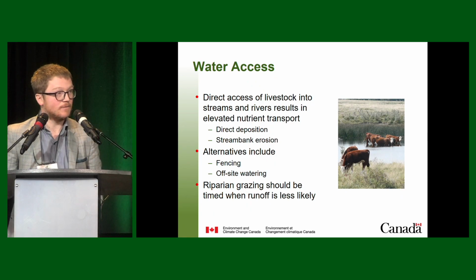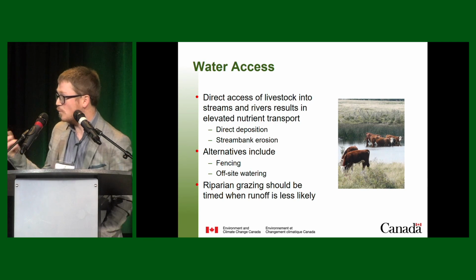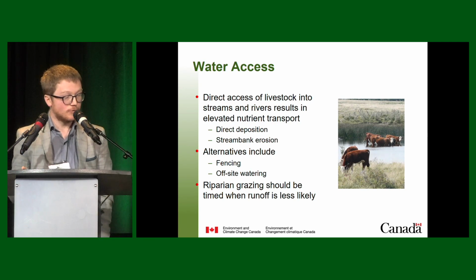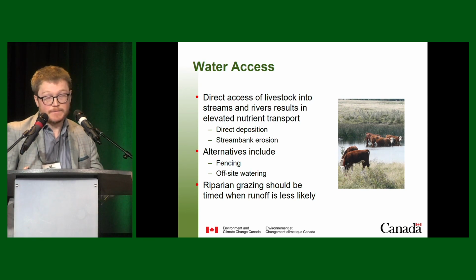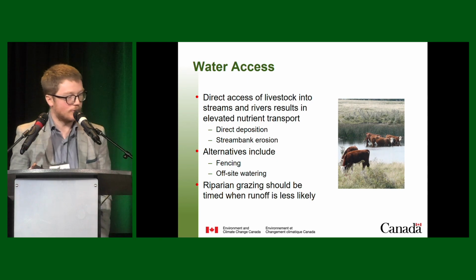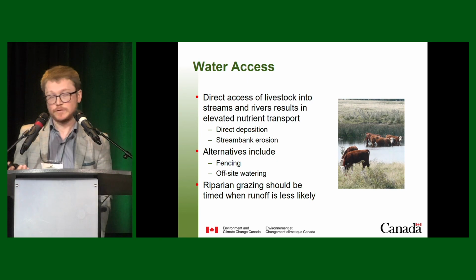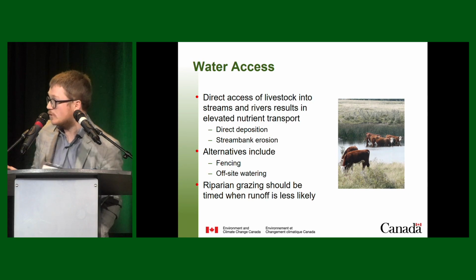Water access can be a concern where we see direct access of livestock into the water bodies can be a source of nutrients, and this occurs through direct deposition of nutrients through the fecal material, as well as the potential for stream bank erosion. So what can we do in response to this?